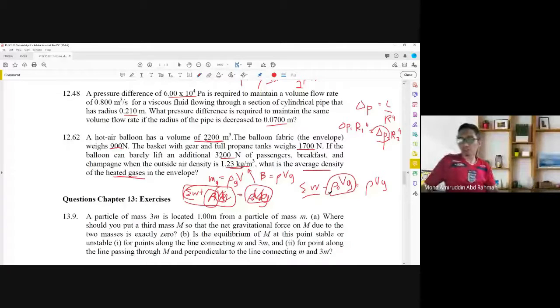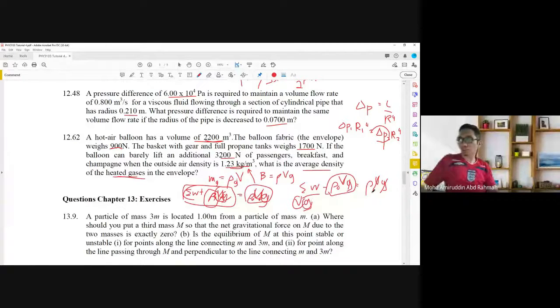This one divided with the gravity, so Vg cancels out, and you have rho V. Once we have that, your volume is this one and g is 9.8.